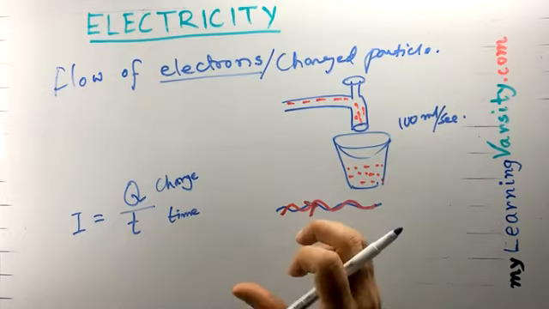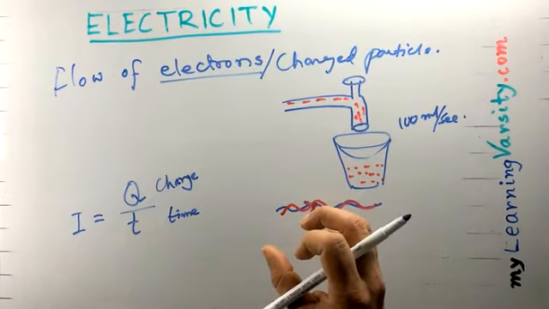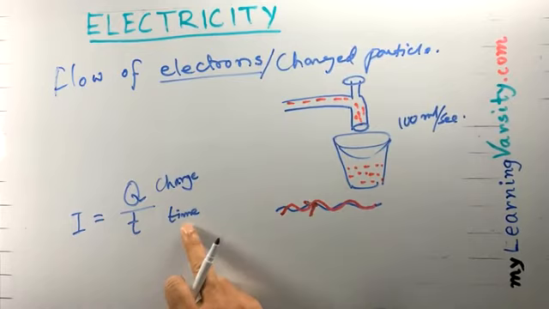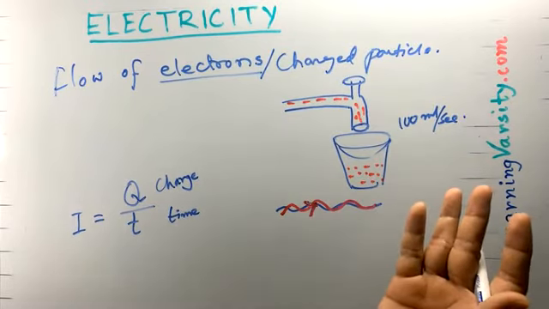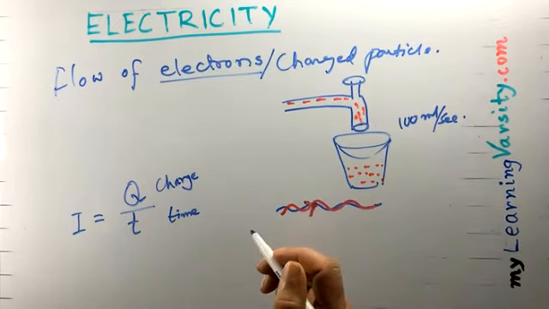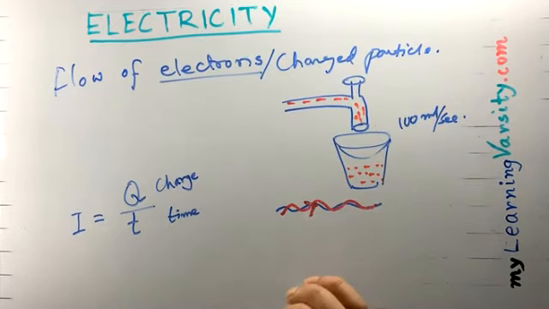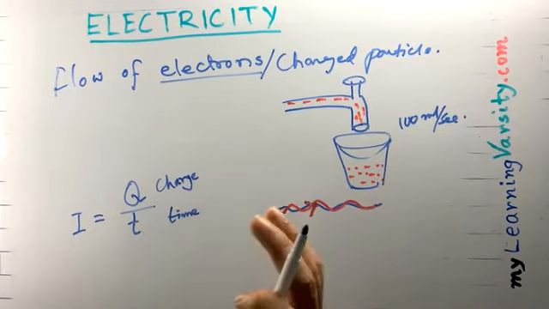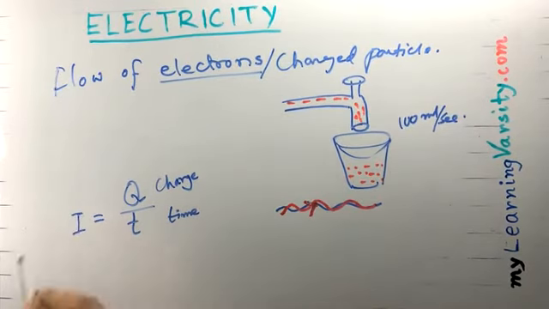So how much charge is flowing in a unit time, for example per second. That gives the quantity called current.